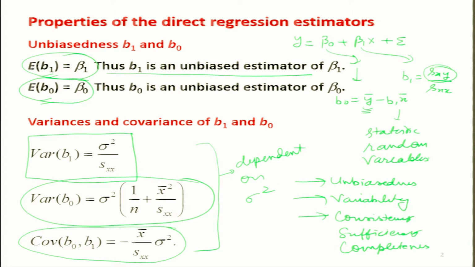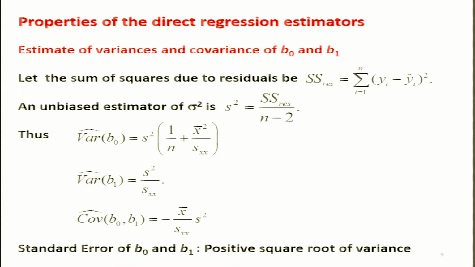So, if you really want to know these values for a given sample, then you need to find the value of sigma square, which we can denote as sigma square hat. Once you obtain it, you can replace sigma square in these three expressions by sigma square hat, and you can compute the sampling variability. So, that is the final result that we are going to obtain after doing some algebra.